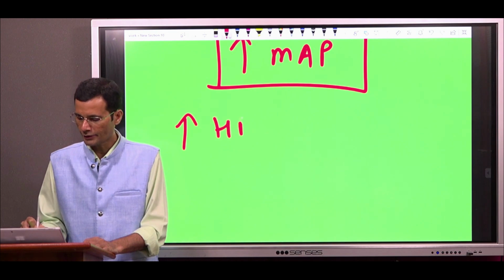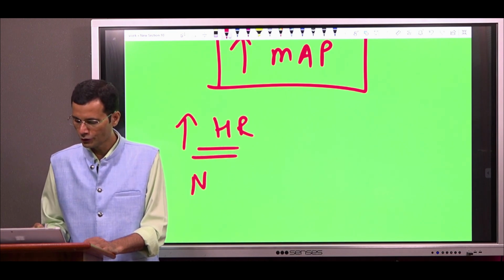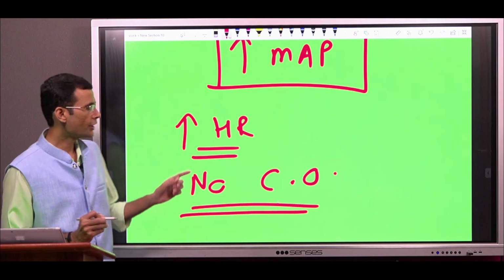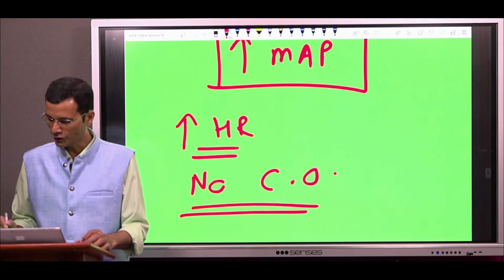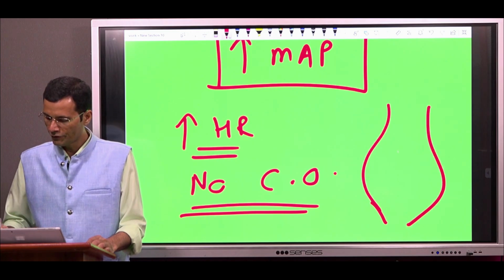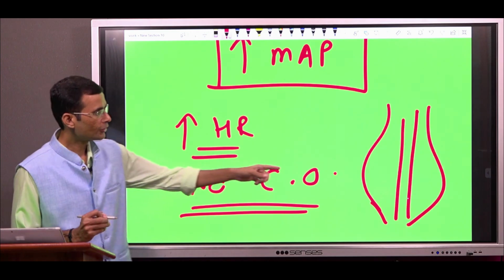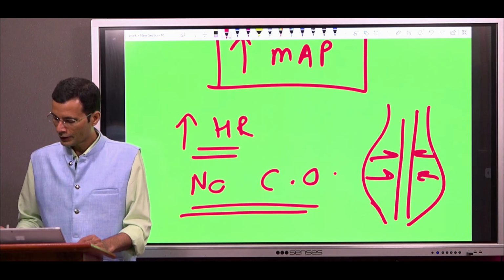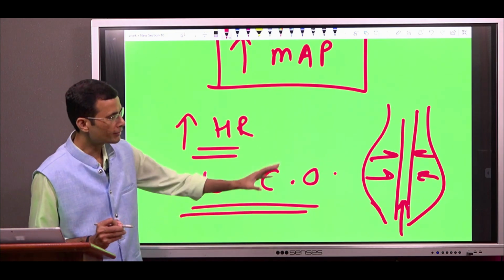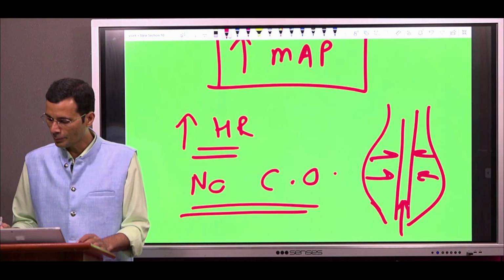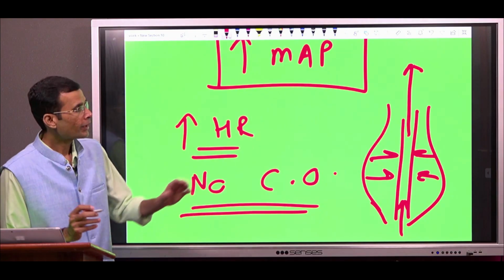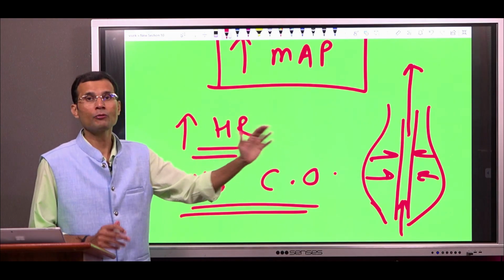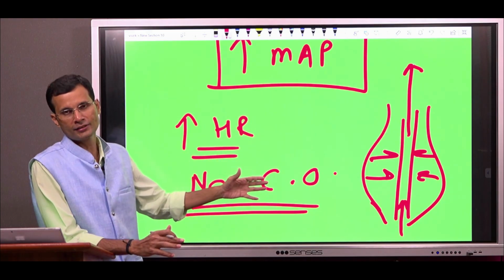Heart rate increases slightly, but not much of a change in cardiac output. No change in the cardiac output, because if there is a sustained contraction of the muscle groups, that means the blood coming into those muscles will decrease, and the blood going out and blood returning to the heart, the venous return to the heart, will also decrease in these exercises.